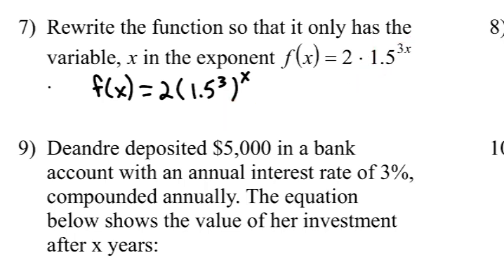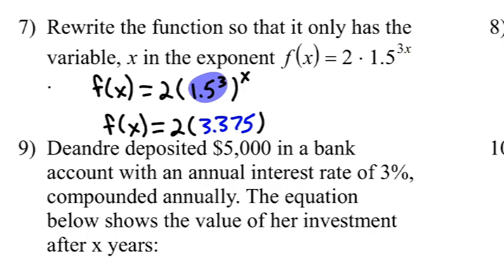And when I do 1.5 to the power 3, I'm going to get 3.375. So I'm going to take this part right here, and I can show that it's equal to 2 times the quantity 3.375 to the power x, and that is written the way that the problem asks us to write it.